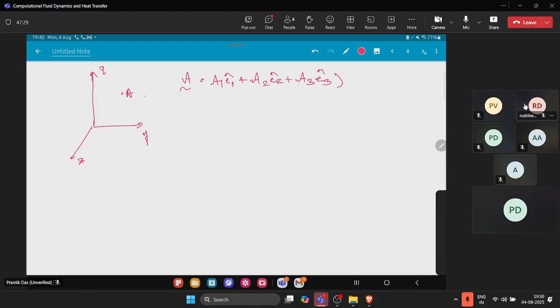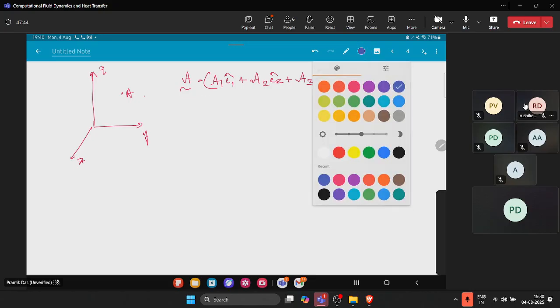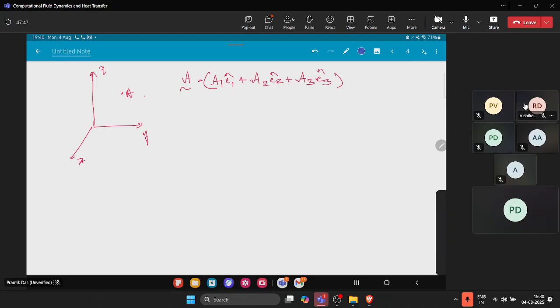Initially I introduced you to three coordinate systems: the Cartesian, the cylindrical, and the spherical coordinate system. But from our class onwards, we will be discussing only the Cartesian coordinate system. Any derivations we are going to make, we are going to make using the Cartesian coordinate system.